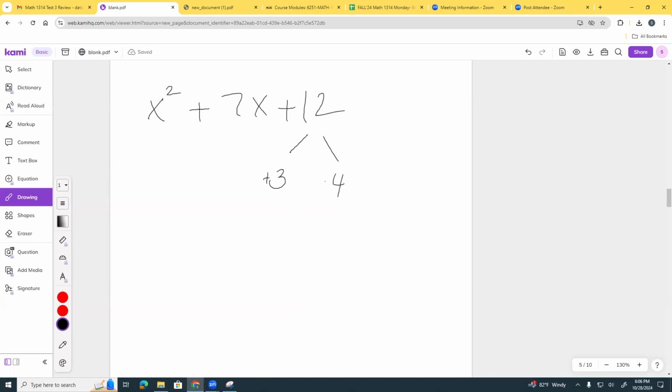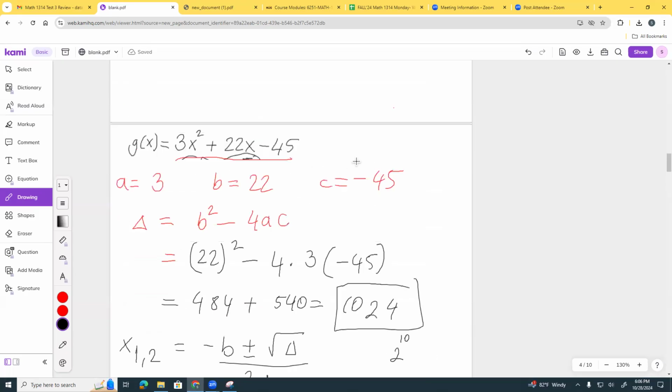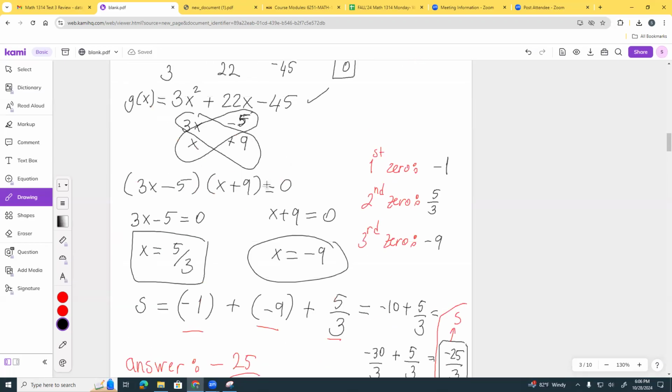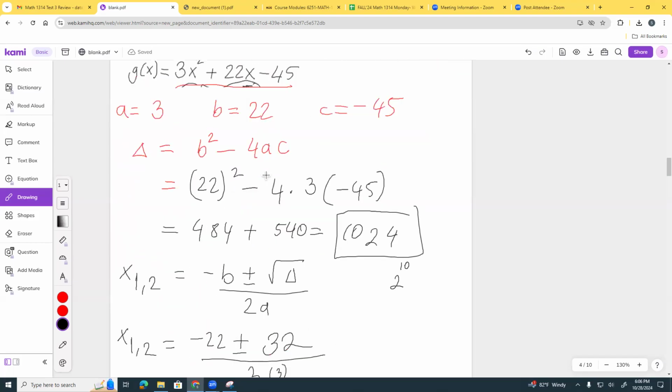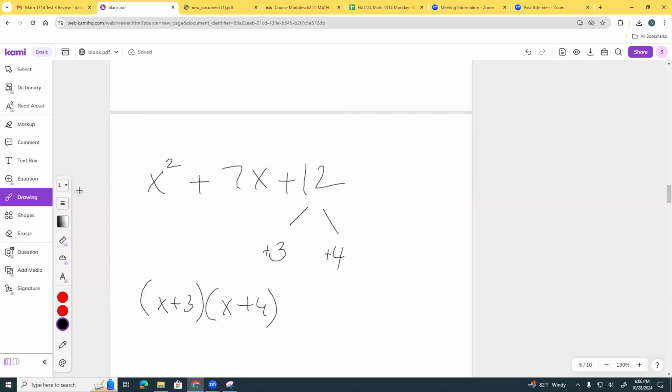And they both have to be positive numbers. So when I add them up, it's a 7. So the factors are x plus 3 and x plus 4. This is the easy factoring. But what makes it hard on the other question is having a 3 here, I can't use that easy method anymore. So I have to use that breakdown method, butterfly method. You understand? Okay. I think we spent enough time on question 2.